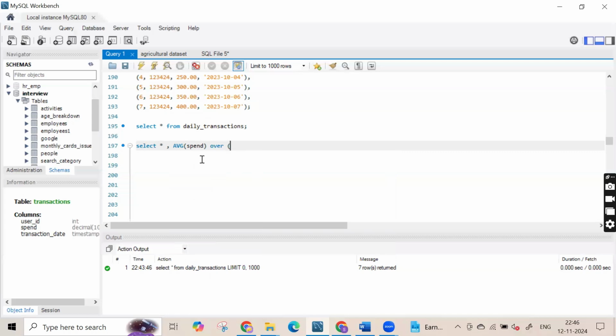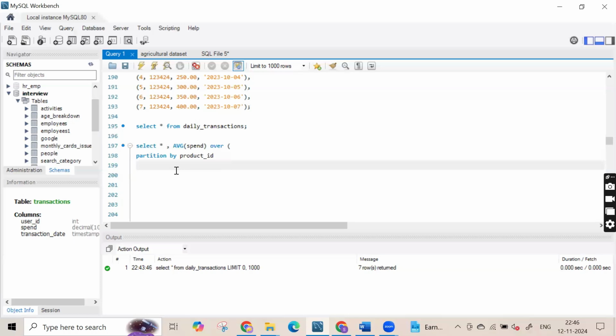And in this OVER clause, what you can do is PARTITION BY, because you might have multiple product ids. In this case, we only have one product id, which I have taken for simplicity. But ideally you will have multiple product ids, so you want to generate multiple traversing windows to do an aggregation. So that's why I'll say PARTITION BY product id.